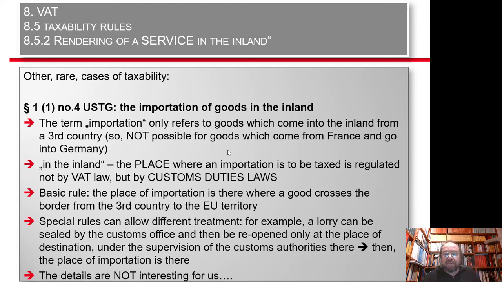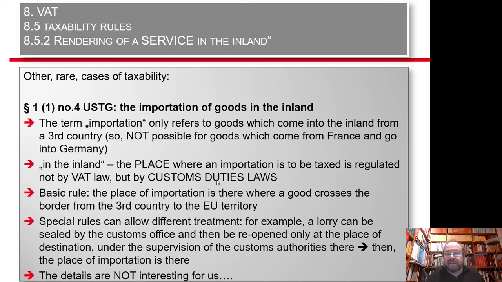That's usually at the border, but you can agree with the customs authorities that these procedures are delayed and happen at another place in the EU territory under the supervision of the customs authorities.